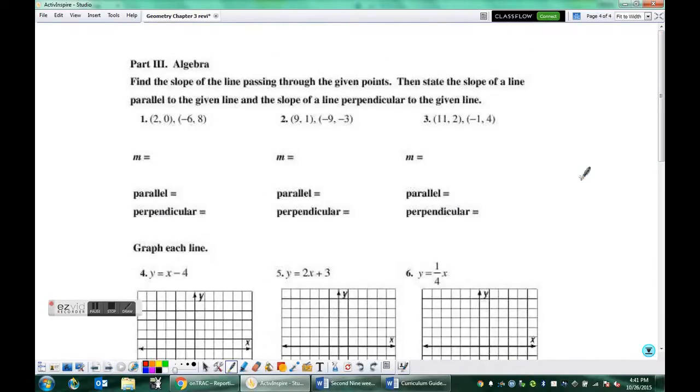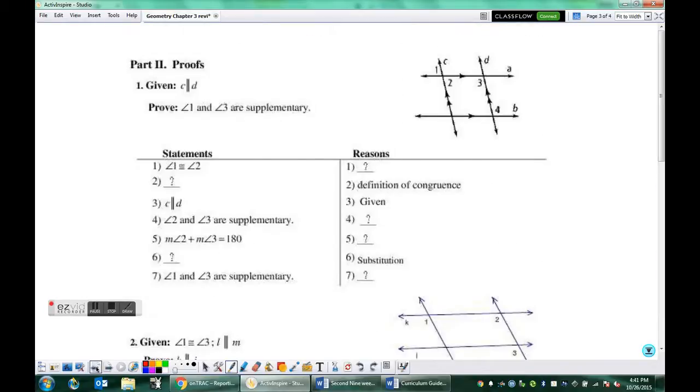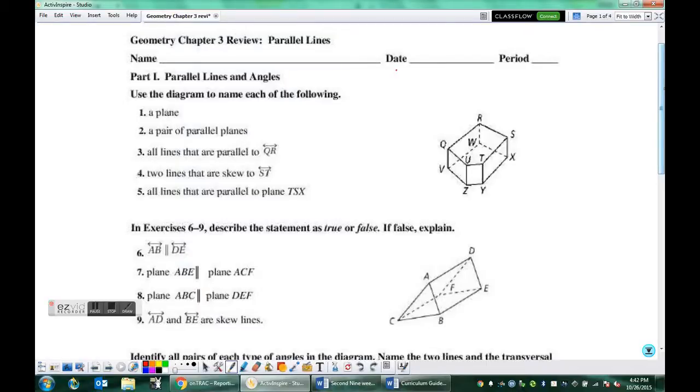Then I'll do the proofs as another video, and finally the last video will be the slope stuff. So we're going to do 1 through 13 here for the first video.